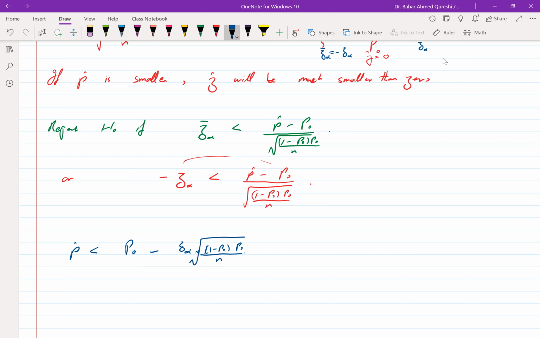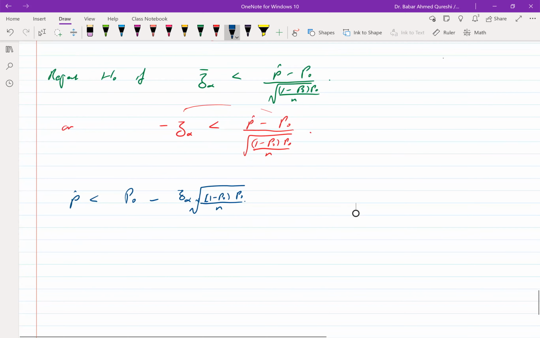So again, it's the same amount. In that case, it was added. In this case, it's subtracted.